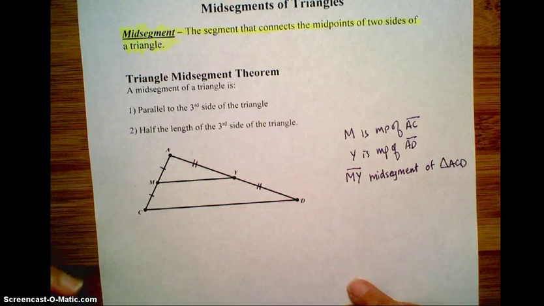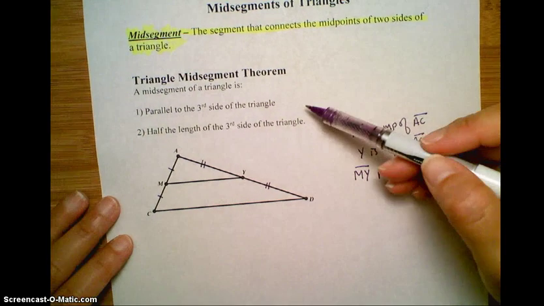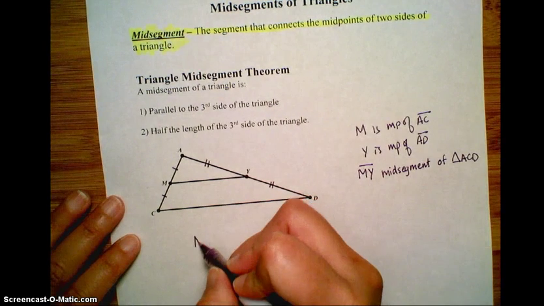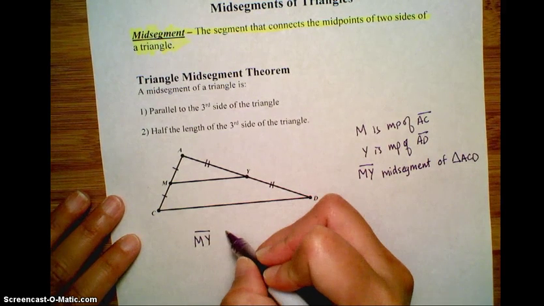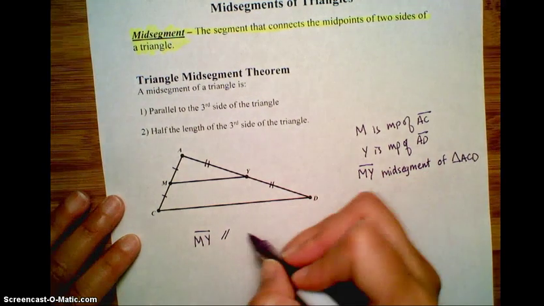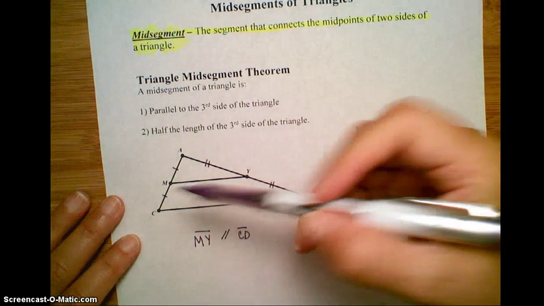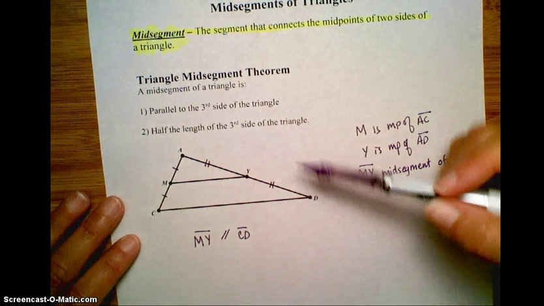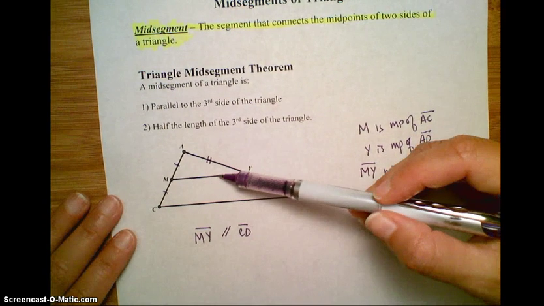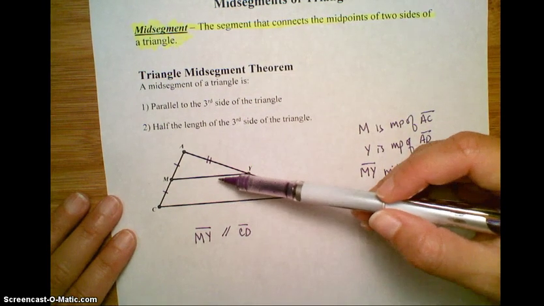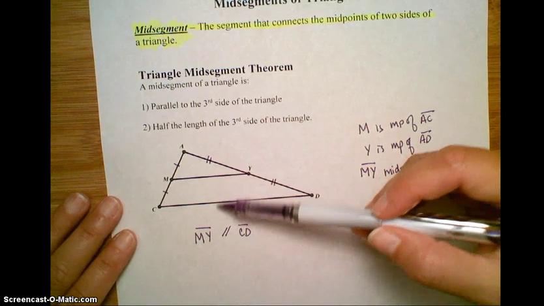Okay, with that being said, what the theorem now tells us is segment MY must be parallel to segment CD, the third side of the triangle, and pretty obviously the only side of the triangle that looks parallel to segment MY.